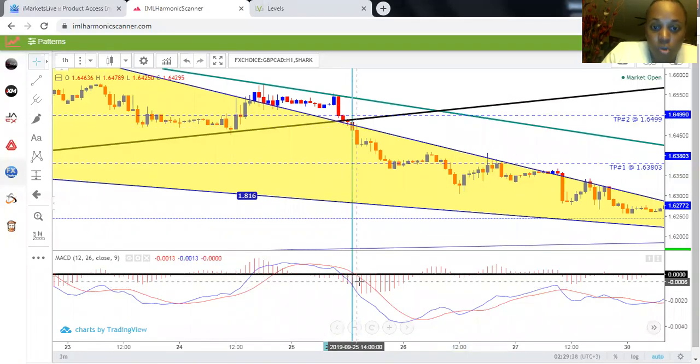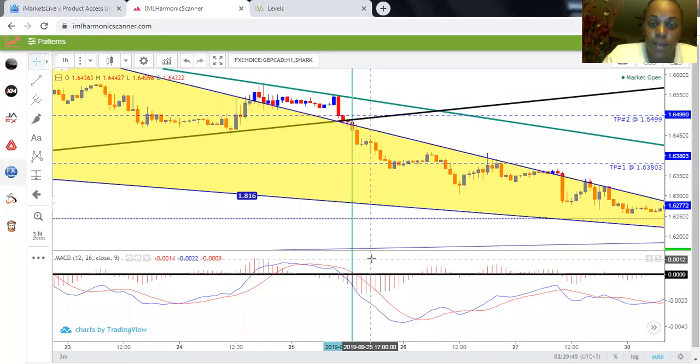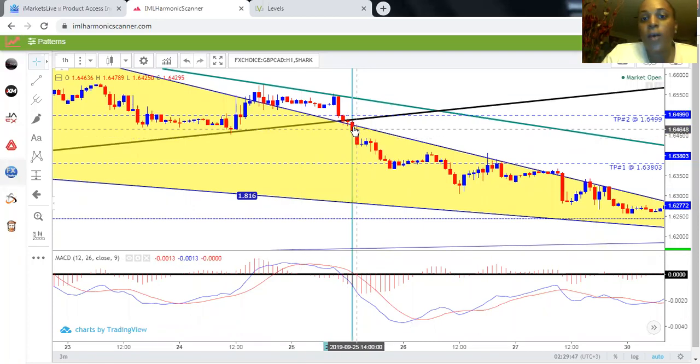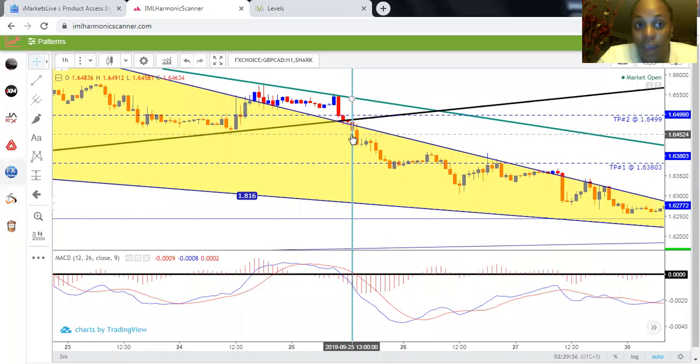So as soon as you get your MACD lines crossing, it's a go. It means, aha, now I have my confirmation for myself, because my first confirmation was a candle breaking. My second confirmation, which came one candle later in this case, is the two MACD lines crossing the zero line.